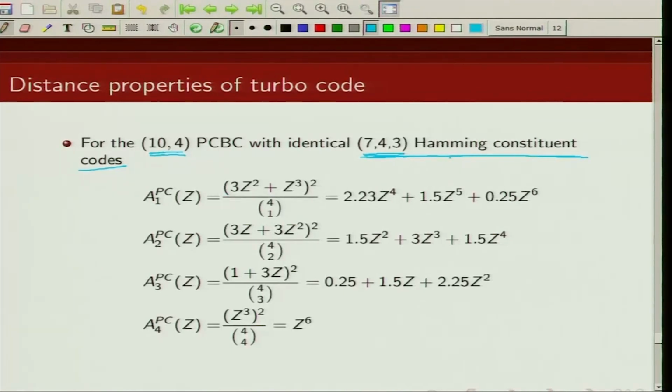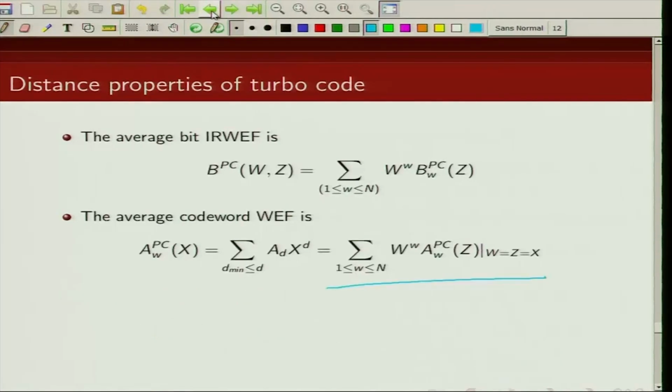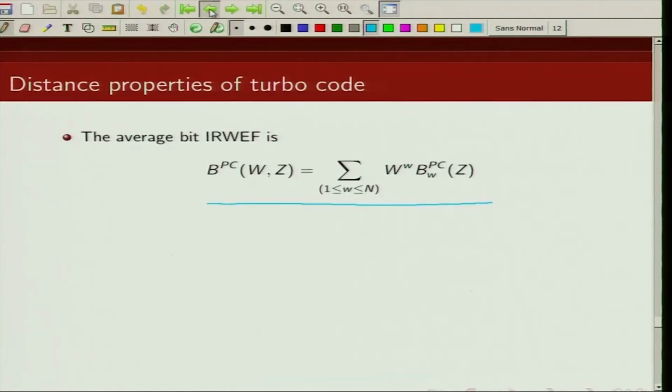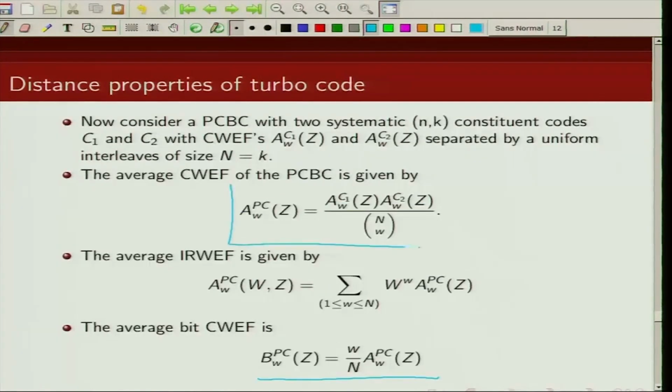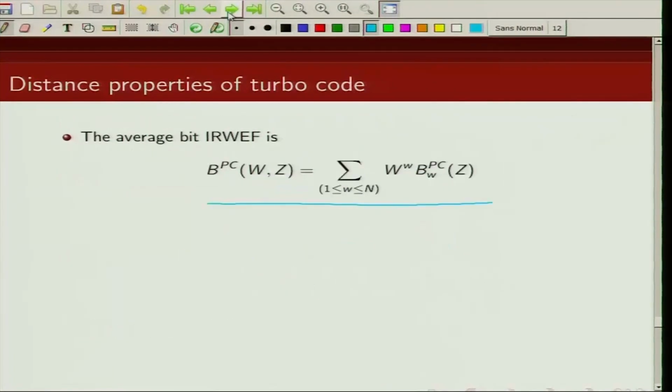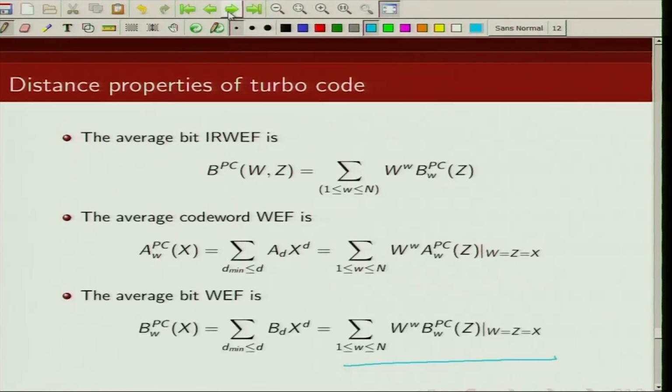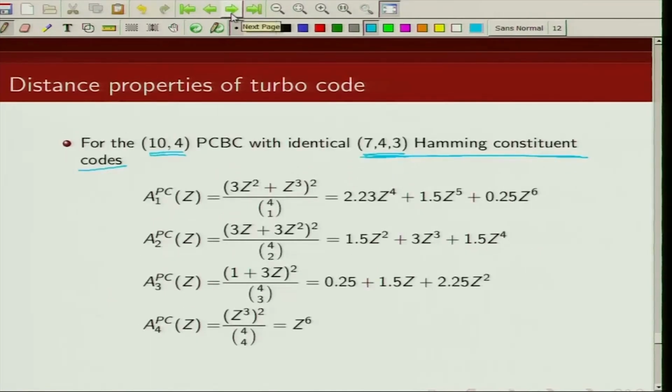Using the expressions I have given before, we already know the conditional weight enumerating function of the constituent encoder. Now using this expression, I can compute the conditional weight enumerating function of the parallel concatenated block code. These are the average weight enumerating functions corresponding to input 1.